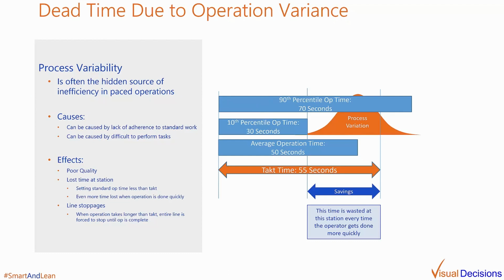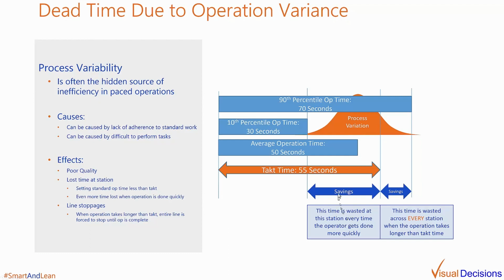On the flip side of that, in the 90th percentile operation time based on the process variation here, it's going to take 70 seconds to complete that task. And when it takes 70 seconds, not only are you wasting time at that operation, but you're also stopping the rest of the line for 15 seconds. And that time is wasted across every single station among those 10.